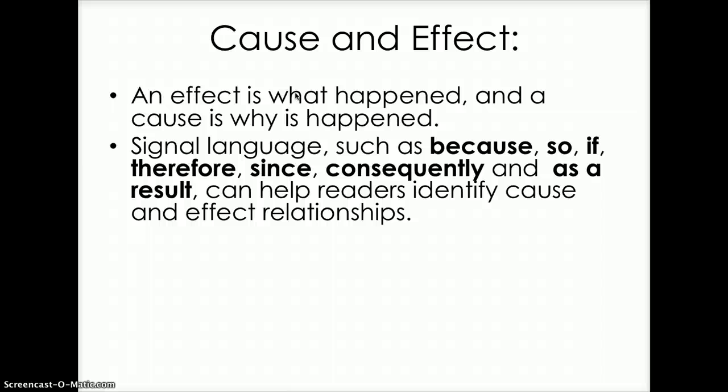Now, sometimes, boys and girls, a cause and effect don't occur in the same sentence or in the same paragraph. Sometimes the cause happens a couple pages earlier, and it's up to us as good readers to make those connections in terms of why something happened. And that's one of those things that we're going to be talking about in guided reading this week, in terms of looking at cause and effect.